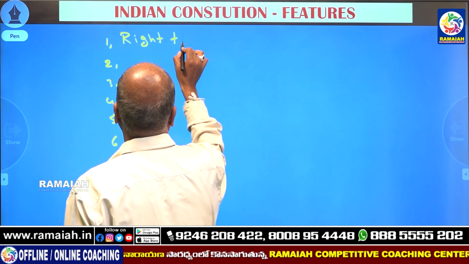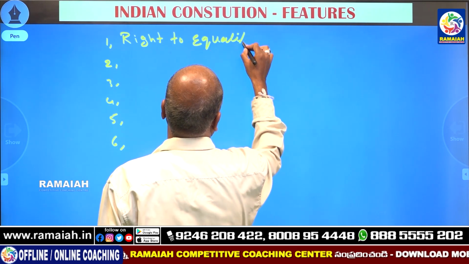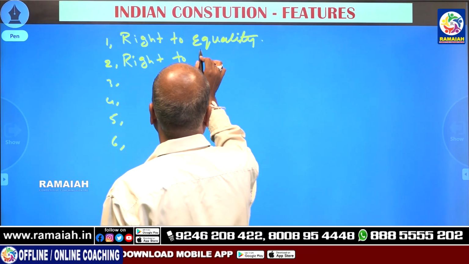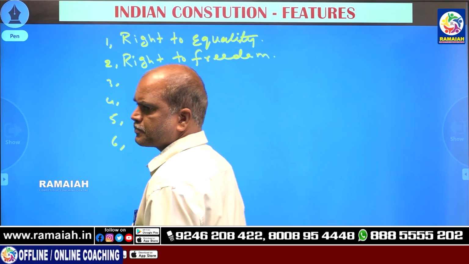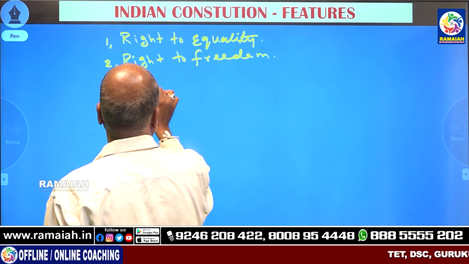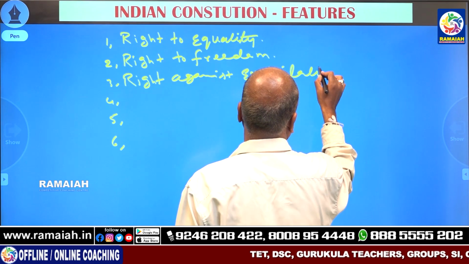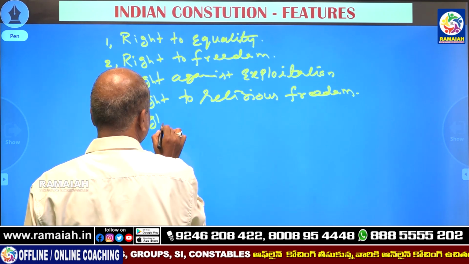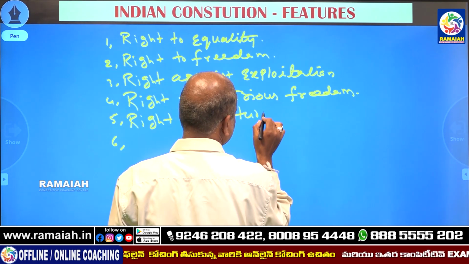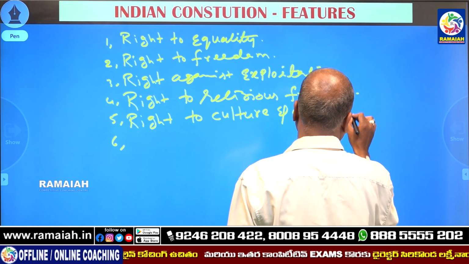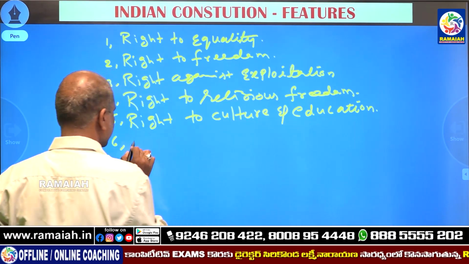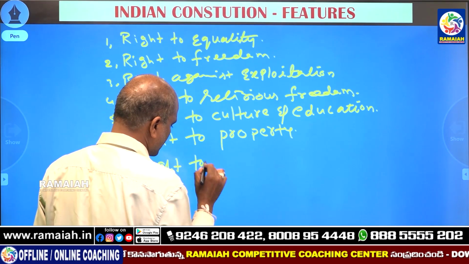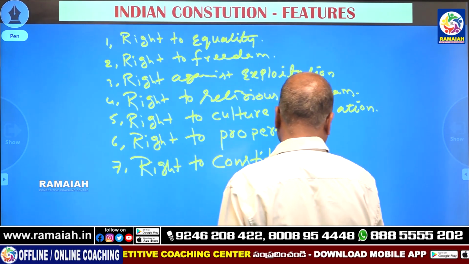They are: right to equality; second, right to freedom; third, right against exploitation; next, right to religious freedom; next, right to culture and education; sixth, right to property; seventh, right to constitutional remedies.